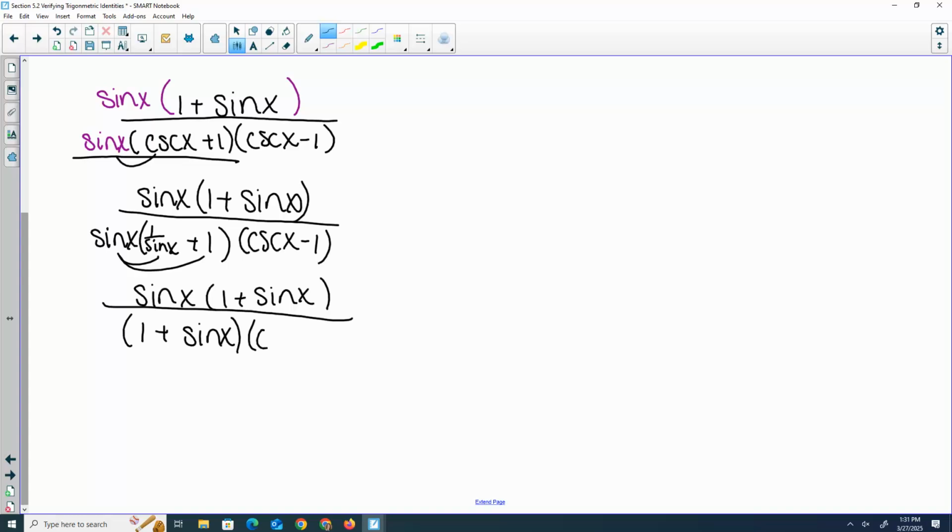And I still have my cosecant x minus 1. But that's actually really good for us. Because now what will happen? Now we have sine x over cosecant x minus 1.